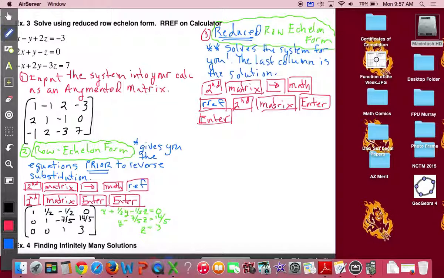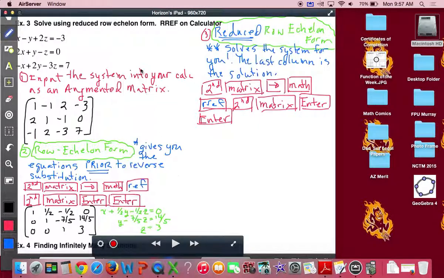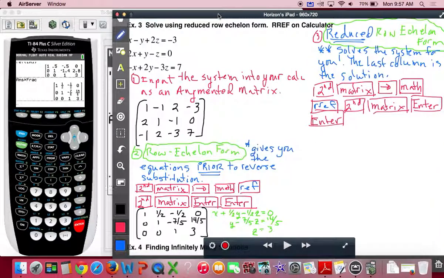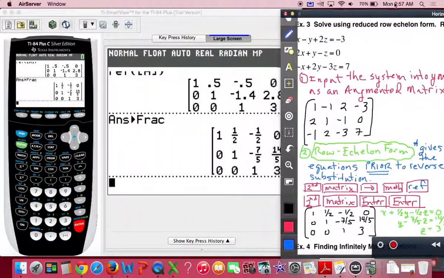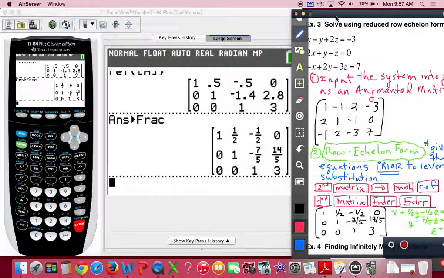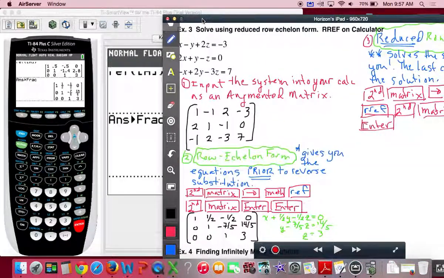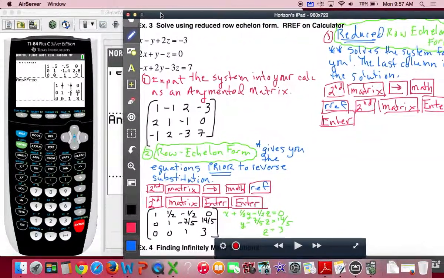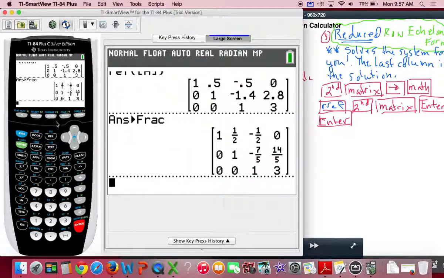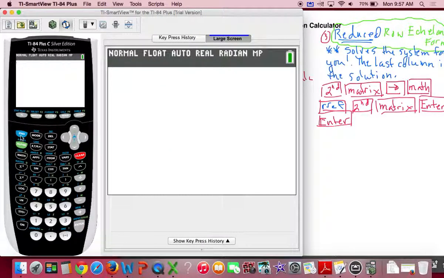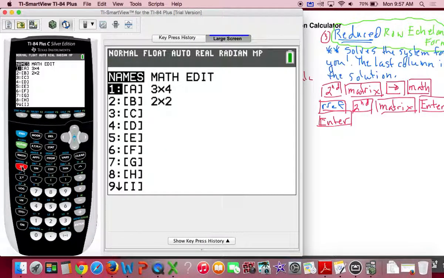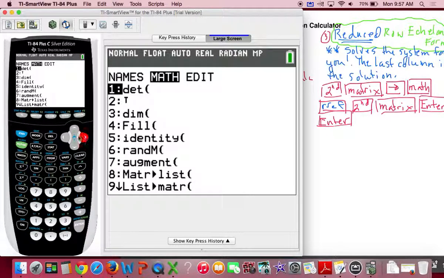Okay, so then let's go ahead and do that. Let's go ahead and I'll keep that so we can see that part of it. All right, so then over here, I'm going to clear this out. We're going to go to second matrix, scroll to the math menu, and then scroll down.